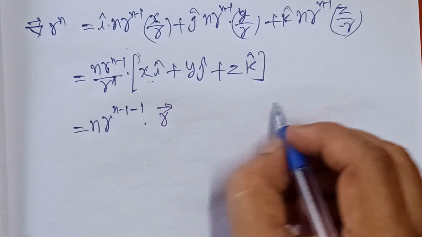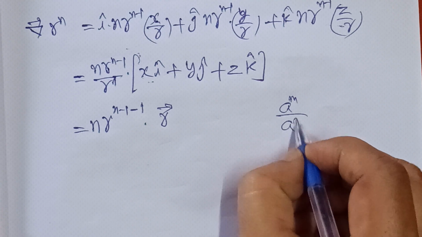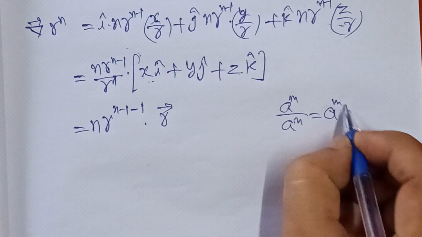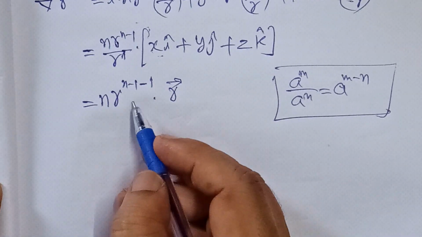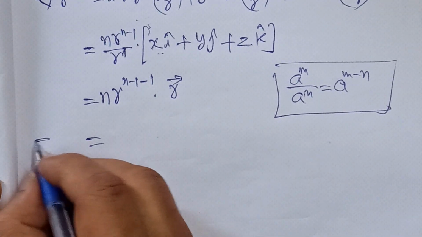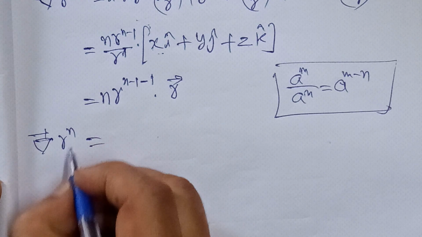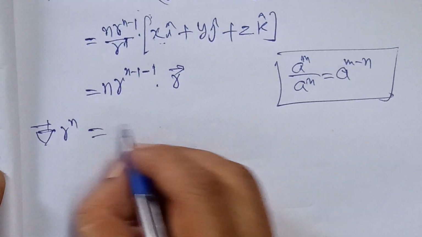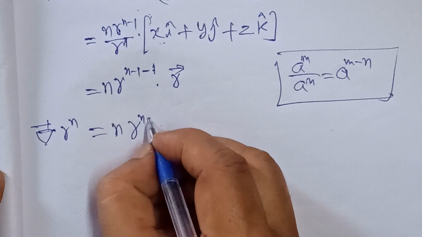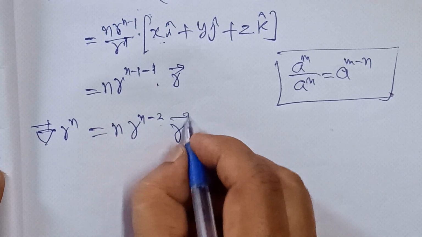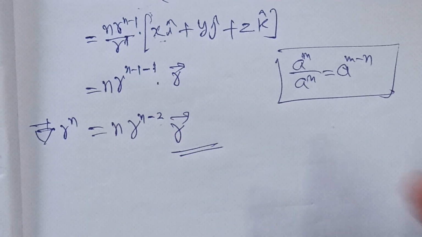We apply the formula a to the power m upon a to the power n is equal to a to the power m minus n. So we get the gradient of r to the power n equal to n r to the power n minus 2 times vector r, which was to be proved.